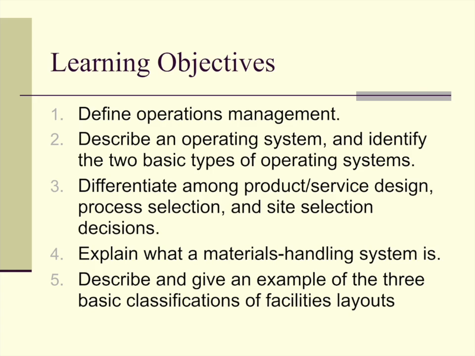And I will describe an operating system and identify two basic types of operating system, and then differentiate among product or service design, process design and process selection, and selection decision.